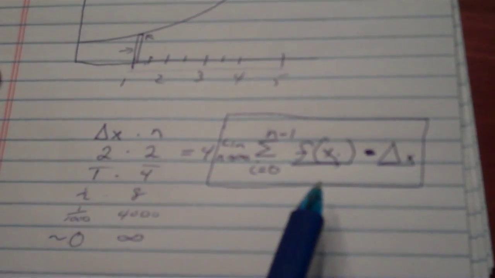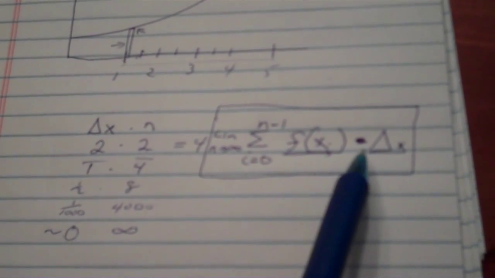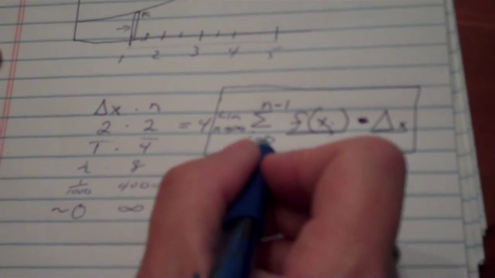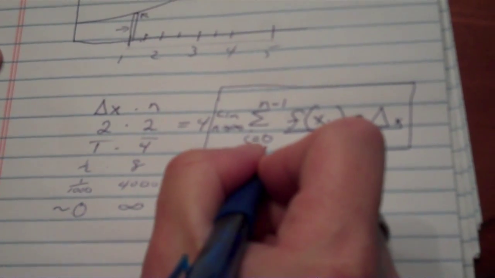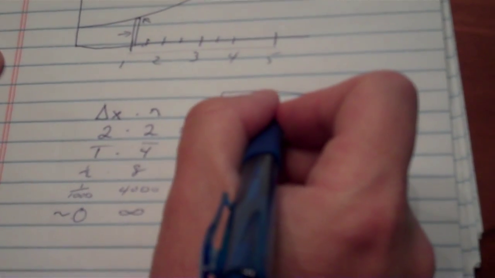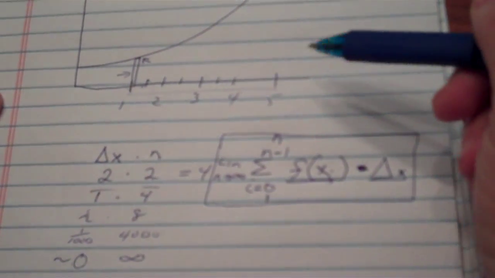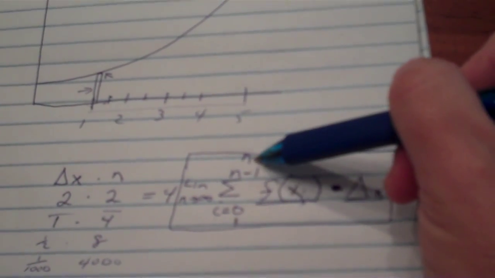To do the right estimate, you do exactly the same thing. It's still width times length on those rectangles, but remember, we didn't use the first value. So instead of using the 0, I will start at the next value over, which is 1. And this time I do use the last value, so I go all the way up to n. So the right Riemann sum literally starts at 1 and goes all the way to n.